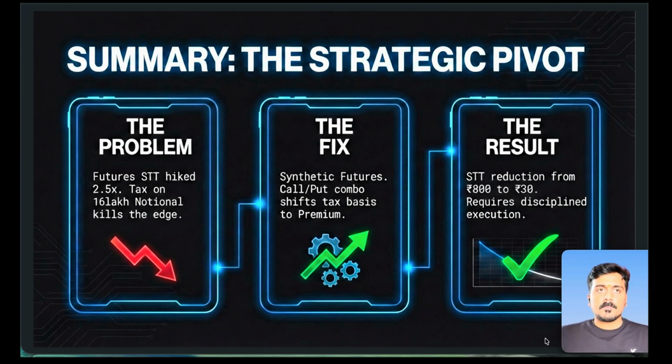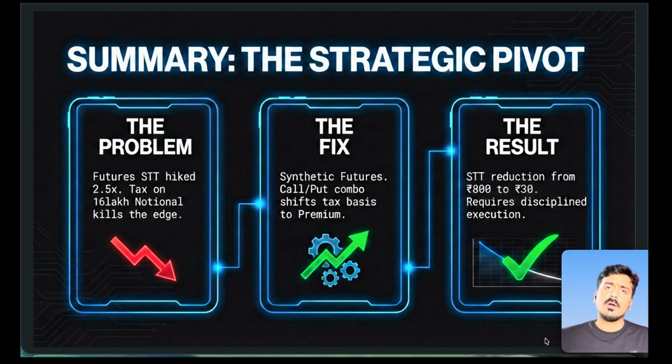Finally, the summary. We understood the change in STT and its impact on traders, especially the taxes and charges. We also understood what synthetic futures are, and how exactly to create a synthetic future with options. We also understood the charges, the differences, how the STT is calculated on futures and options, and how exactly we are using this difference to create a synthetic future and reduce our charges and taxes.